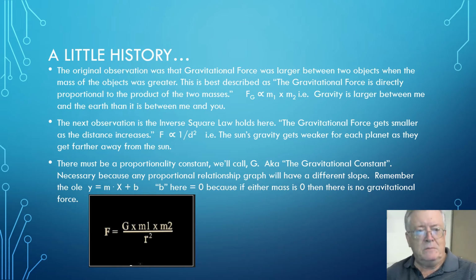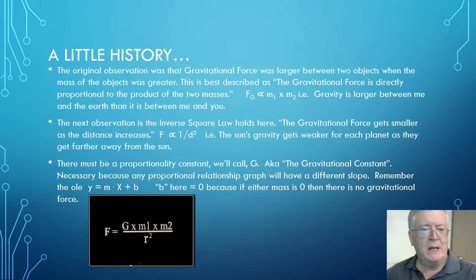So then the next observation they had is that the inverse square law holds here. The gravitational force gets smaller as the distance increases. So the further you are apart, the smaller the gravitational force is.